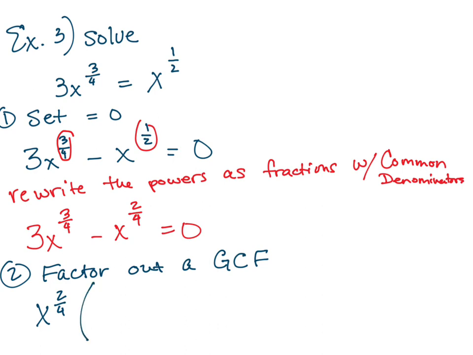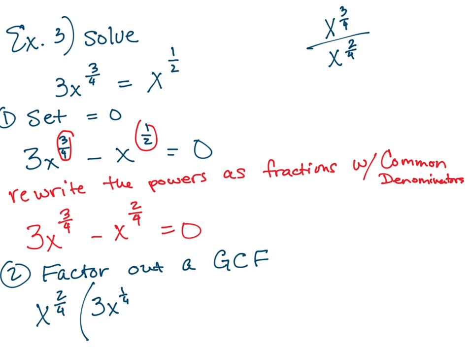What is that going to leave out of the first term? 3x to the 1/4. Okay, so this is twisty. What's happening is when I factor out, I'm dividing. So I'm taking x to the 3/4 divided by x to the 2/4.